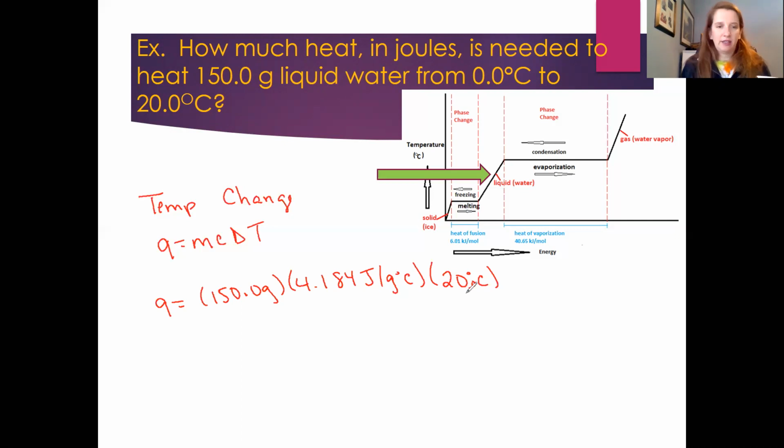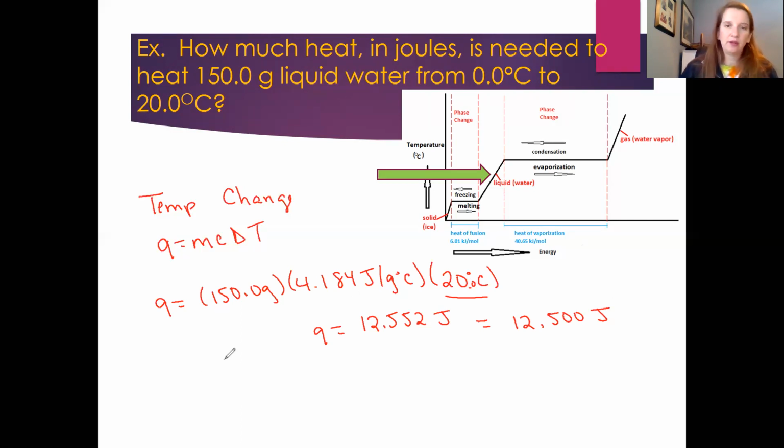So when we calculate that here, we have 150 times 4.184 times 20. So that gives us Q is equal to 12,552, but we want to round to sig figs. Our temperature change only gives us 3 sig figs, so rounding this to 3 sig figs would give us 12,500. So if there's a temperature change and no phase change, we just use Q equals MC delta T.